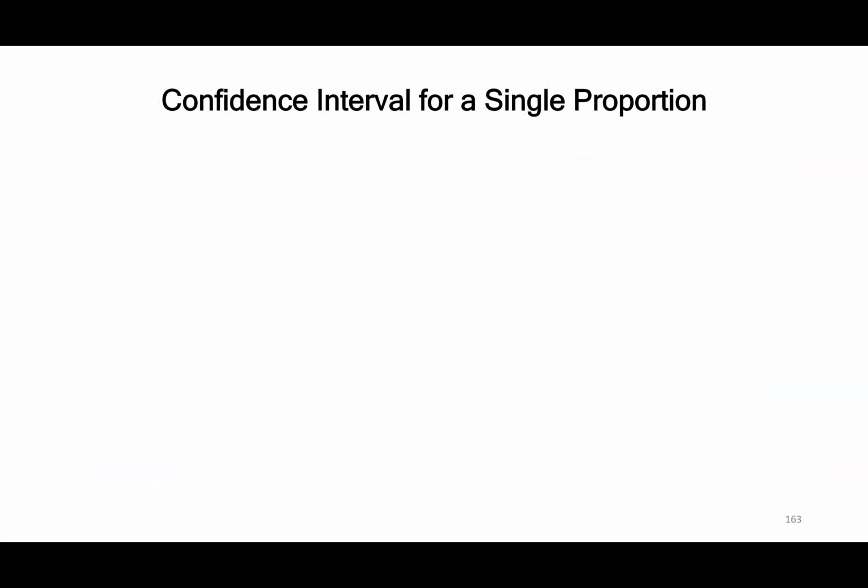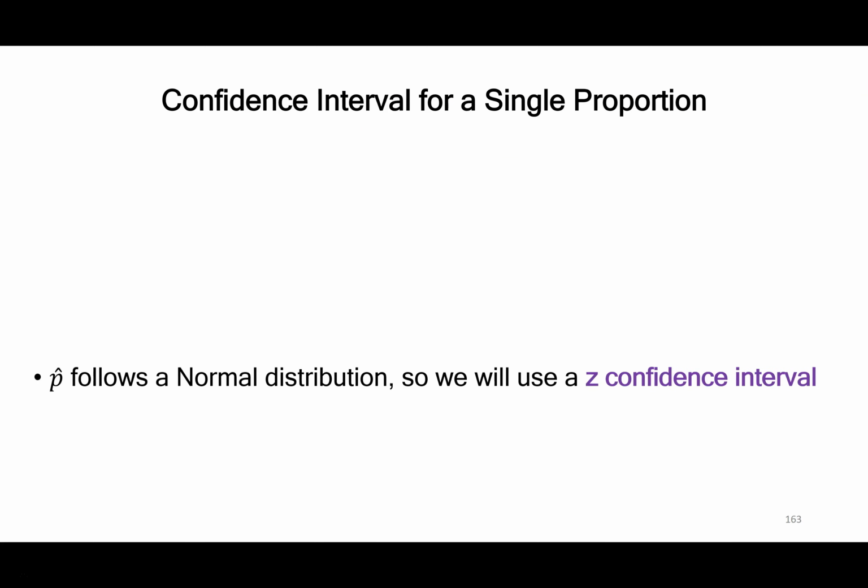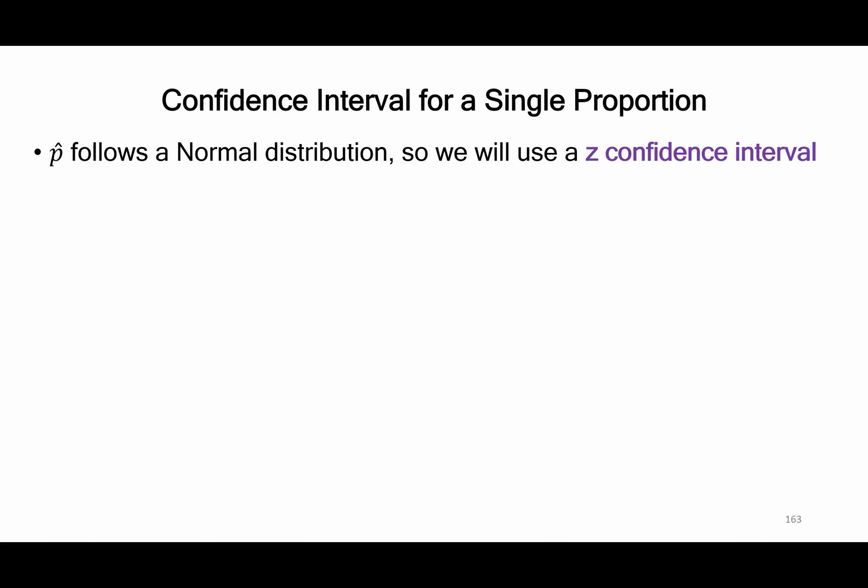So, confidence interval. If we know that p hat follows a normal distribution, we're going to use a z confidence interval. So we're going to start with our point estimate, p hat, plus or minus. We get to use a z star again, which is great.